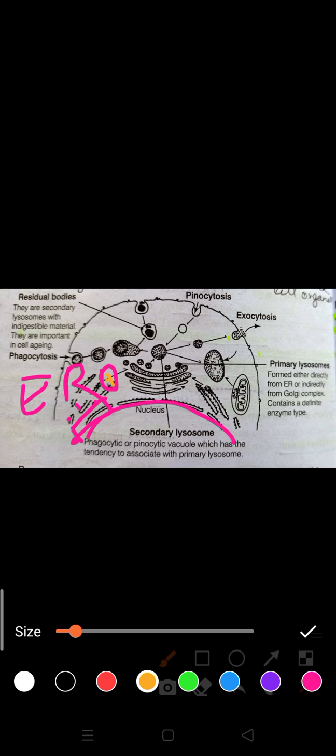Okay, so what happens in the next step? How do these vesicles transport these proteins and circulate them inside the cell with the help of Golgi bodies? So these protein-packed vesicles, meaning protein packed inside the vesicle, are present at the convex side or cis face of the Golgi body.